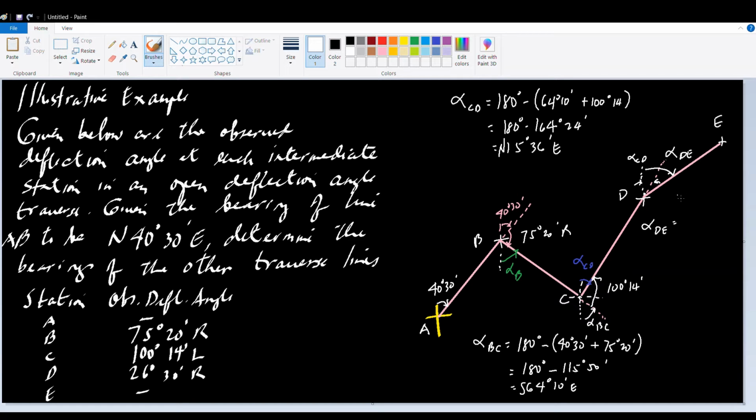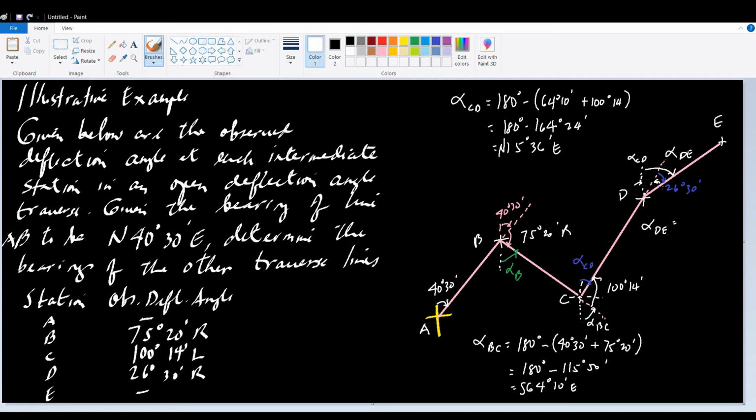And alpha of DE is equal to what? This one is the deflection angle. Let me indicate the deflection angle here. That is the deflection angle at D, which is 26°30'. Alright.